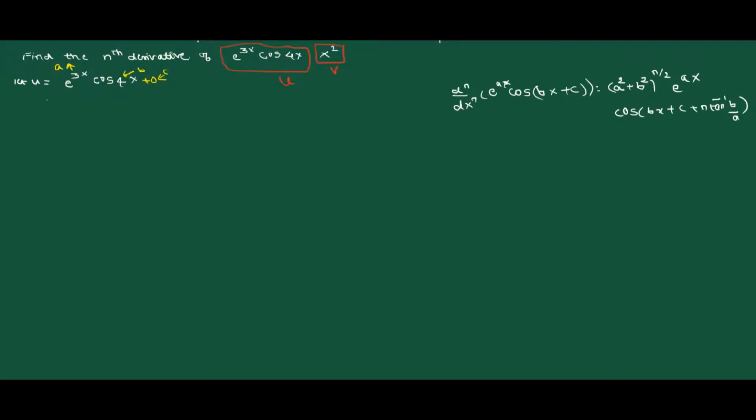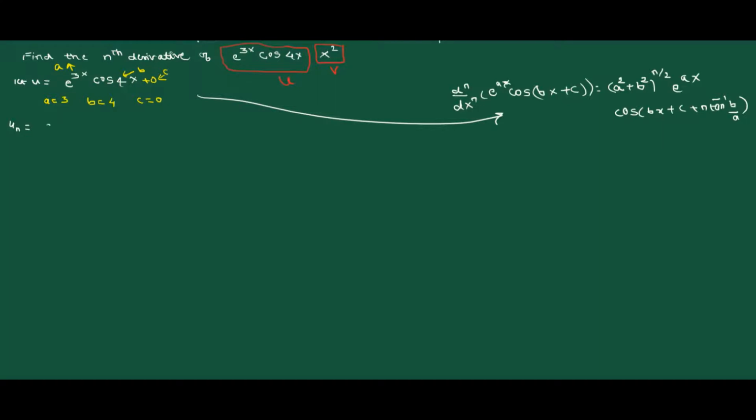So I will write here first, a is equal to 3, b is equal to 4 and c is equal to 0. So by using this formula, we can write it as (a square plus b square) raised to n by 2.